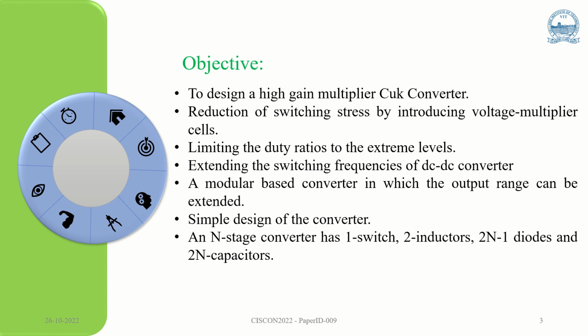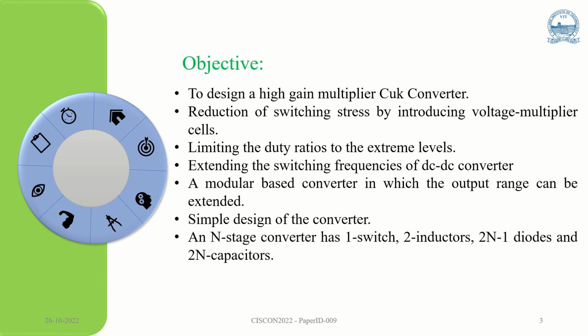In addition, we have to extend the switching frequency of the DC-DC converter switches, which will in turn reduce the values of the inductors and capacitors, and to provide a modular converter in which you can extend the output range according to the requirement, and to simplify the design of the converter.